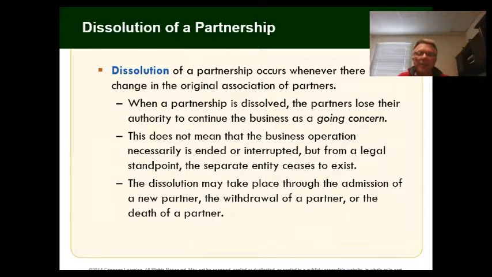And then let's talk about dissolution of a partnership, how a partnership is dissolved. Usually whenever there's a change in the original association of partners. So for example, in the business that I'm in, there was an original owner who had partners. It was him and one other person. He sold the business, and so the partnership was dissolved.